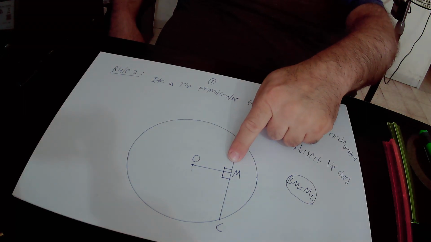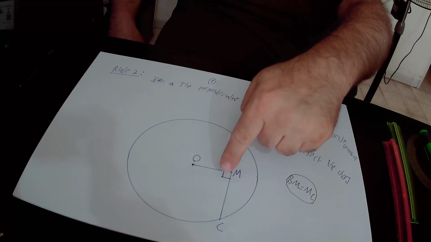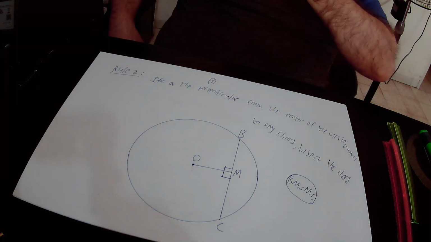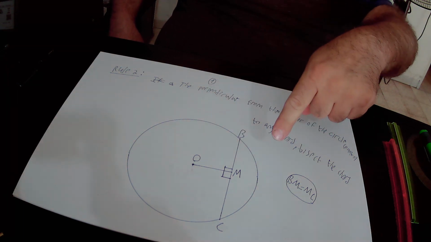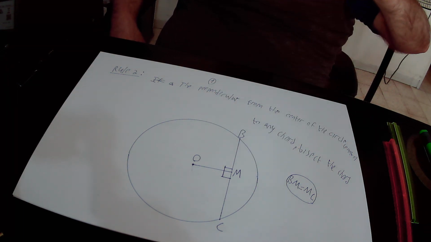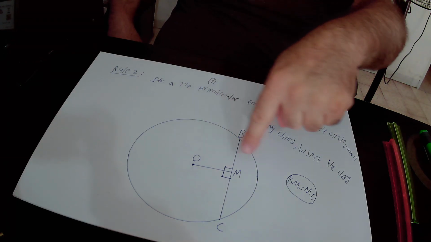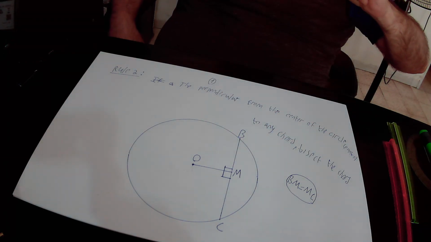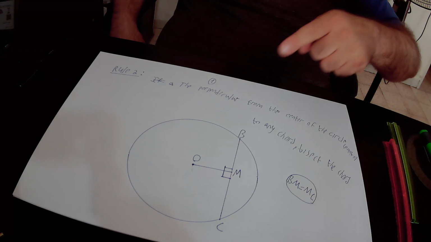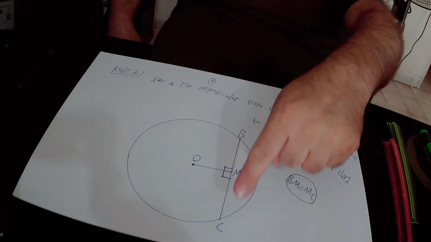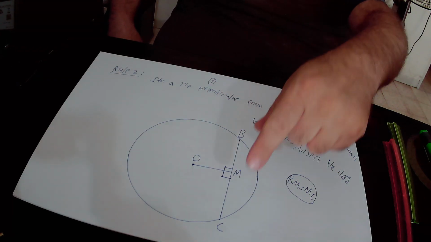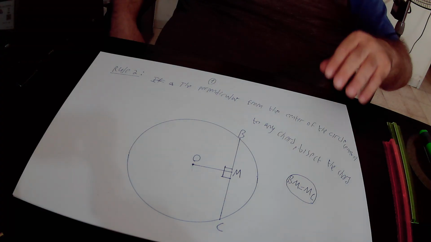This angle equals 90 degrees, and this angle equals 90 degrees according to our construction. So whenever you draw a perpendicular to a chord, it will bisect the chord. We have perpendicular OM, and according to rule number 2, perpendicular OM bisects chord BC. That is to say, BM equals MC.